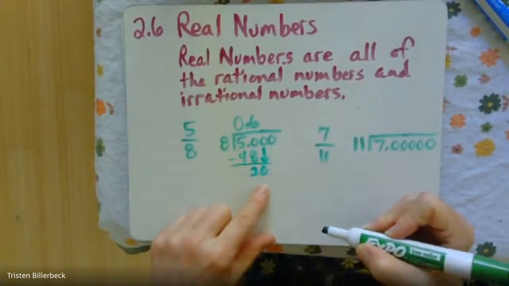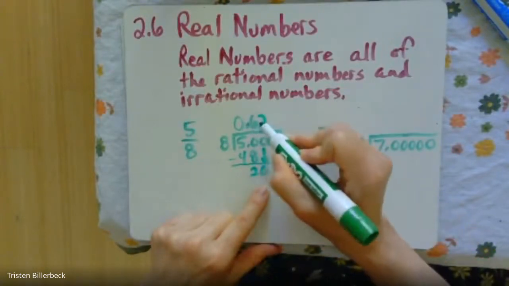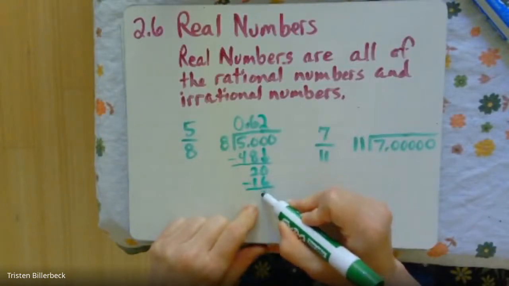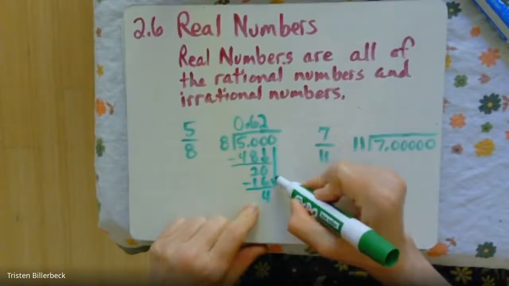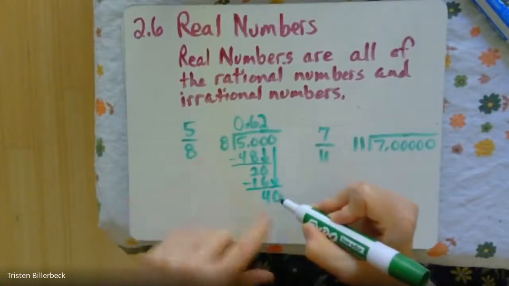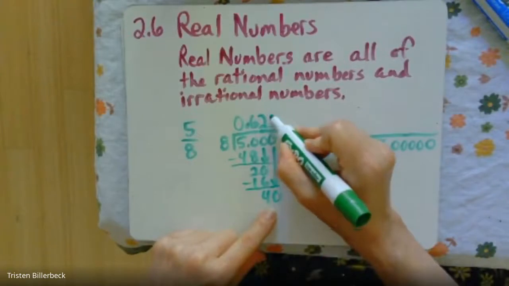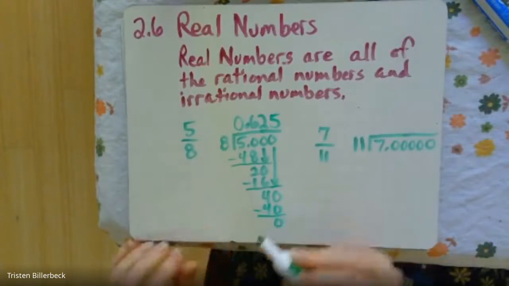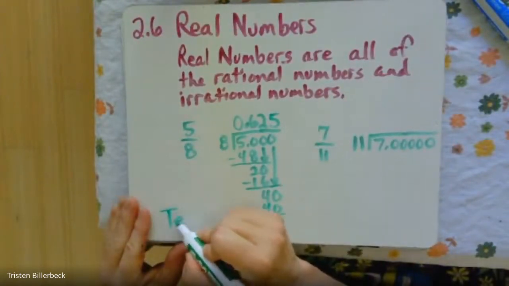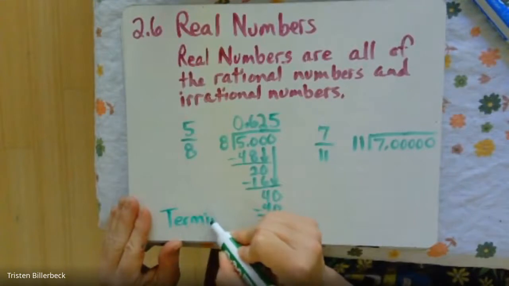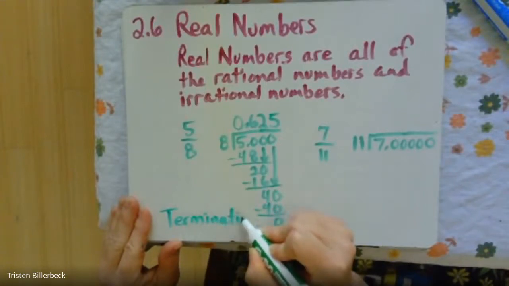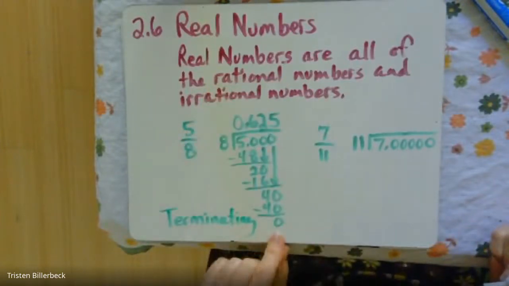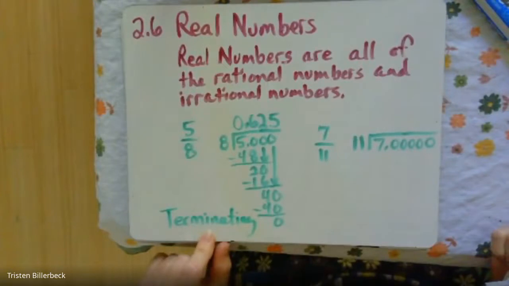How many 8s in 20? Well, there's going to be 2. So 2 times 8 is 16. We subtract, we get 4, and we drop another 0 down. And how many 8s in 40? There are 5. And when we subtract, we have a 0. So this is called a terminating decimal, because it terminates. It ends at 5. We have a 0 remainder, so it's terminating.